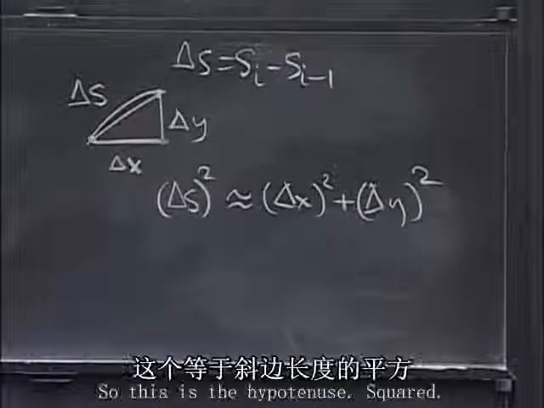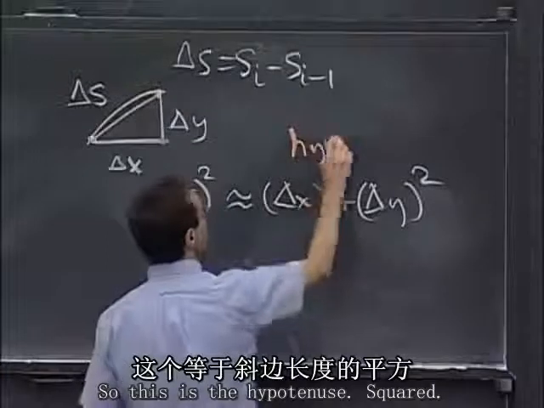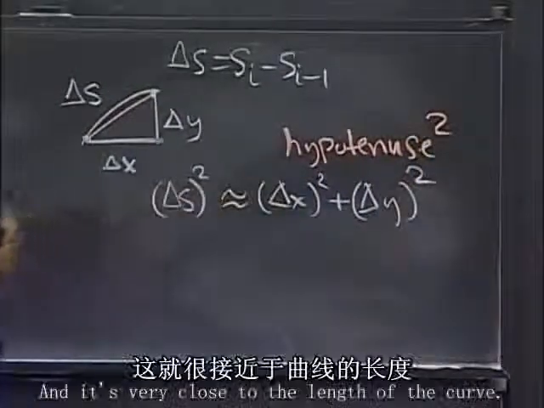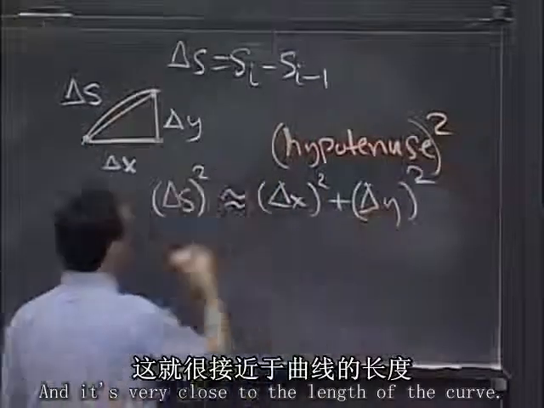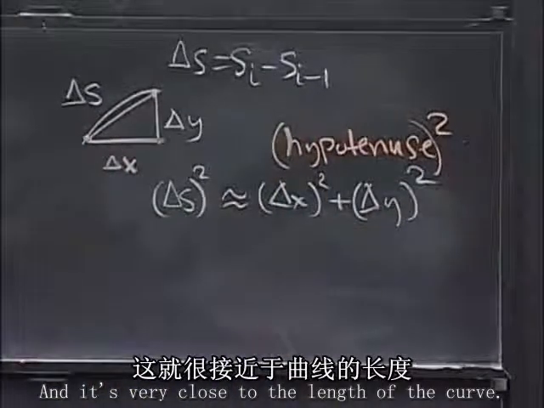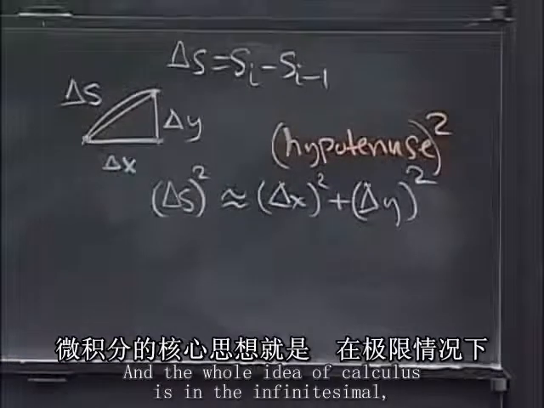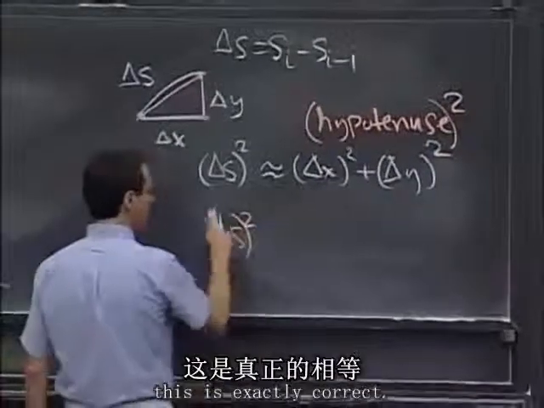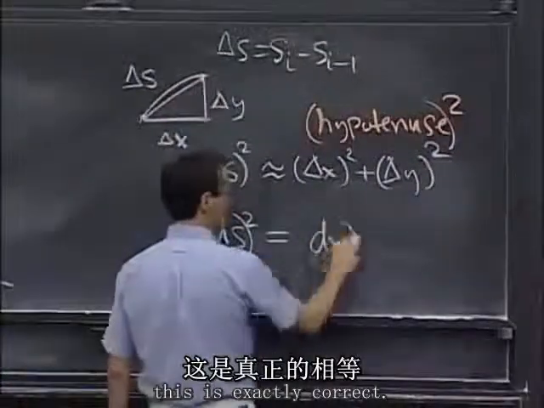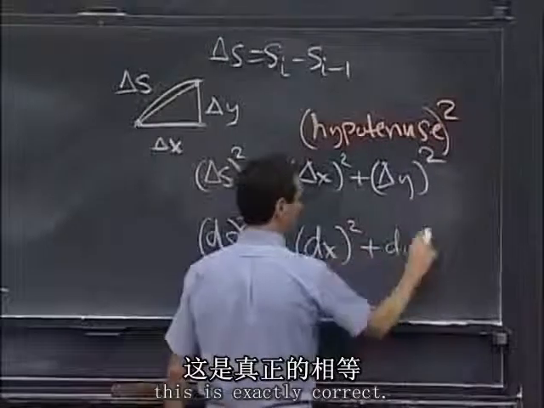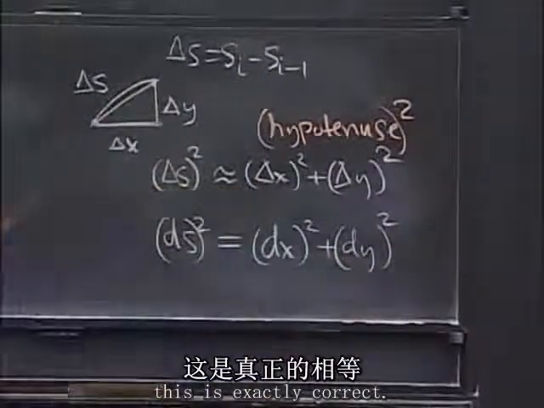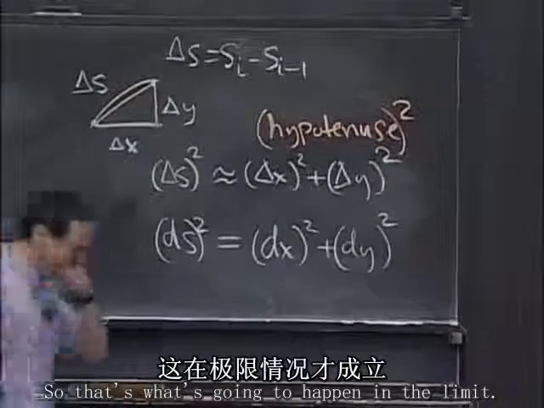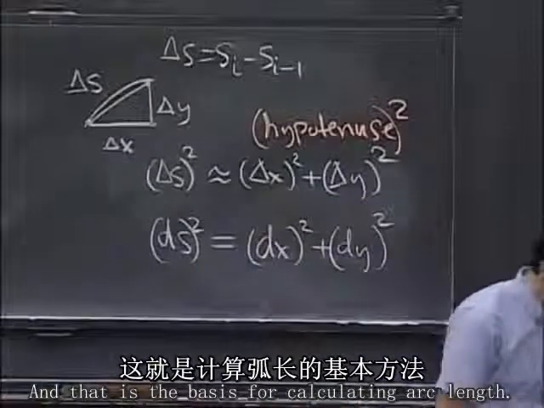So this is the hypotenuse squared, and it's very close to the length of the curve. And the whole idea of calculus is that in the infinitesimal, this is exactly correct. So that's what's going to happen in the limit, and that is the basis for calculating arc length.